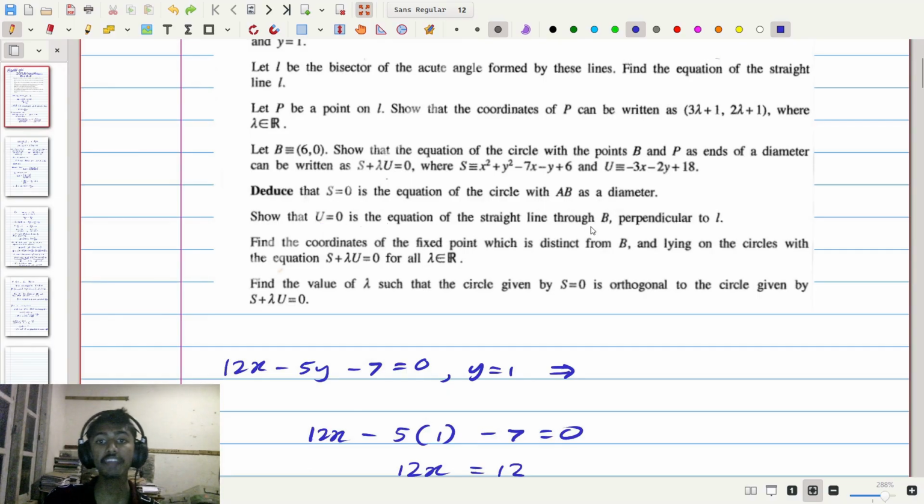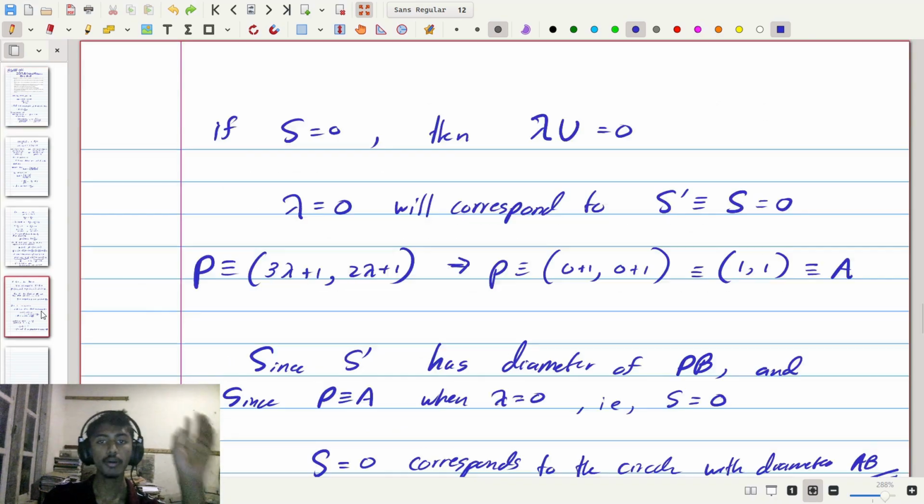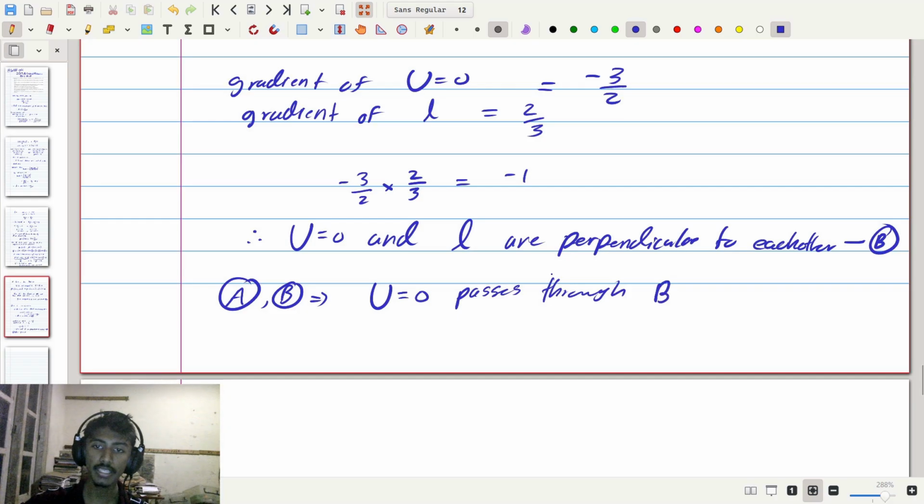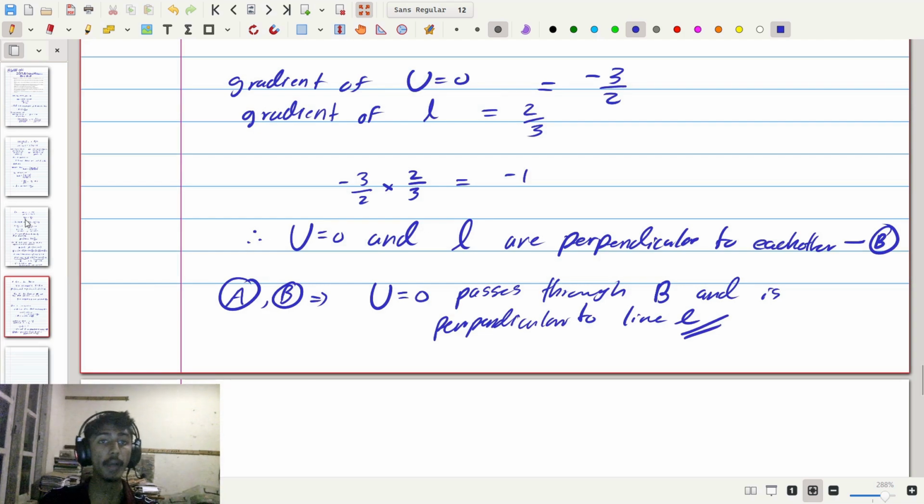So if we take conditions A and B and combine them, we can say u equals 0 passes through B and is perpendicular to line L. And with that, we are done with that part of the question as well.